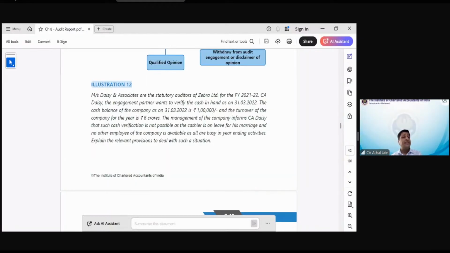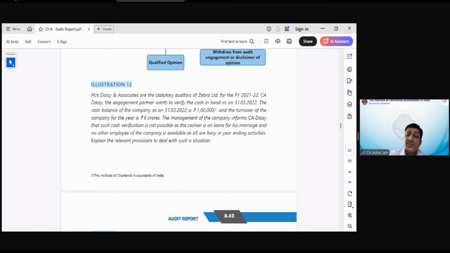Now, in the light of this understanding that we have just obtained, in the given situation the auditor wants to verify cash in hand. Cash in hand is an important item in the financial statements, there's no doubt.